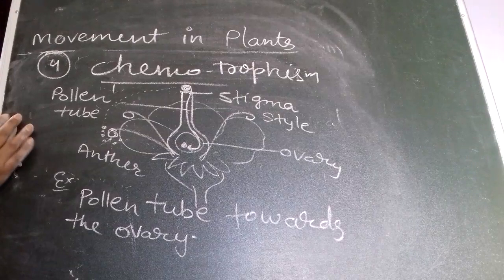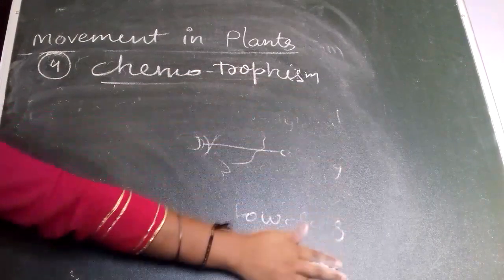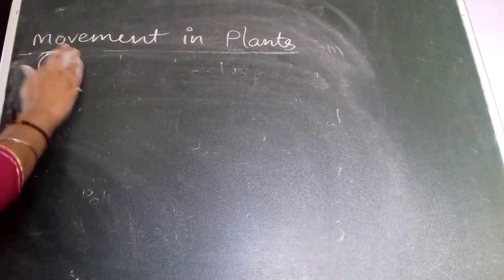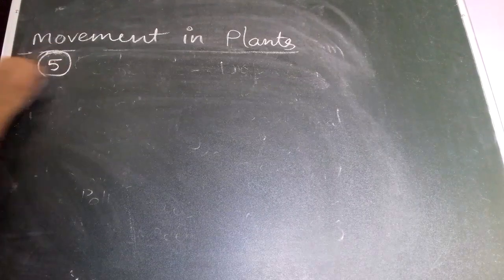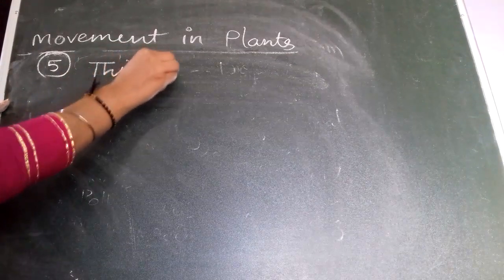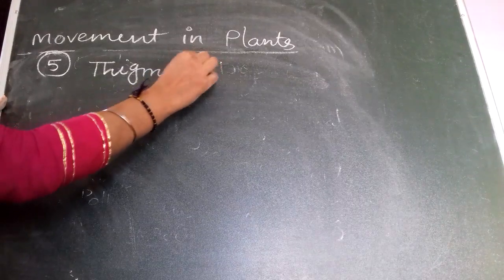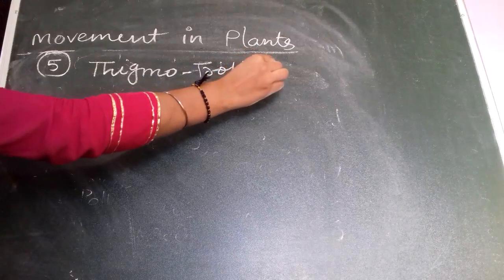Okay, so the fifth part is thigmotrophic movement. What is thigmotrophic movement? You have studied in control and coordination of animals that the sense organ skin has a receptor, and that receptor is known as the thigmoreceptor.